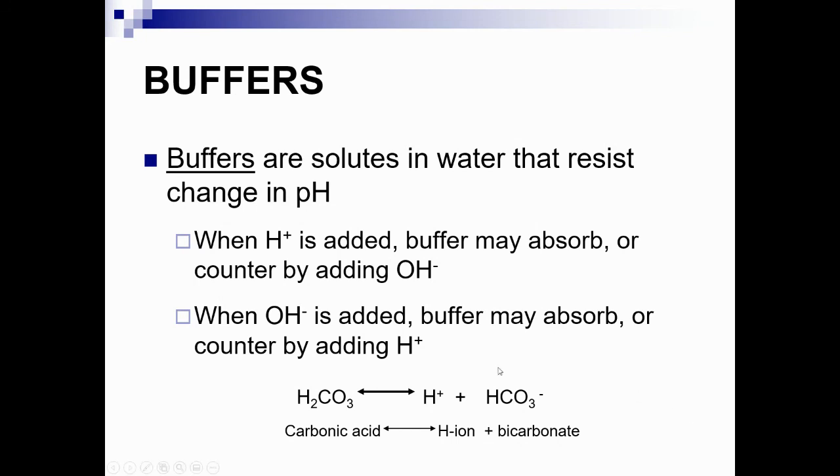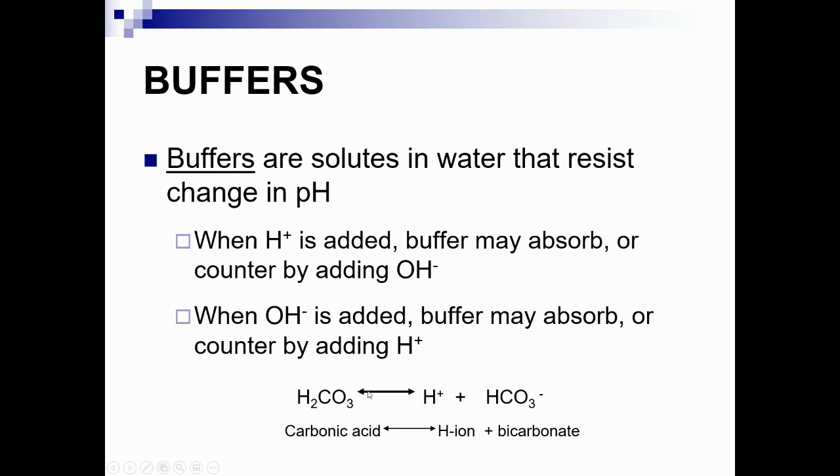So in our bloodstream, we have the bicarbonate buffering system. At any given time in our blood, we have some carbonic acid, we have bicarbonate, and we have hydrogen ions. If my blood becomes more acidic, maybe I'm drinking lots of orange juice or something, I'm adding more and more hydrogens to this side of the equation.